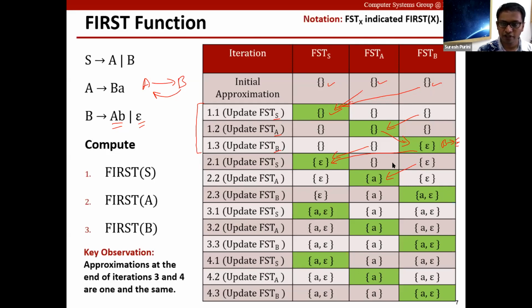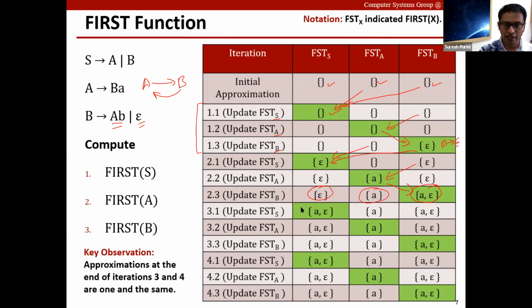And then first set of B depends on first set of A. We include the symbol A from the first set of A in the current estimate to get the new estimate for first of B. So at the end of iteration 2, these are the latest estimates for the different first sets for the non-terminal symbols.